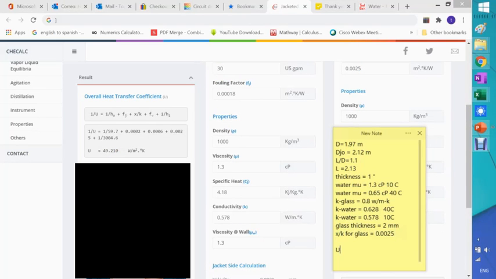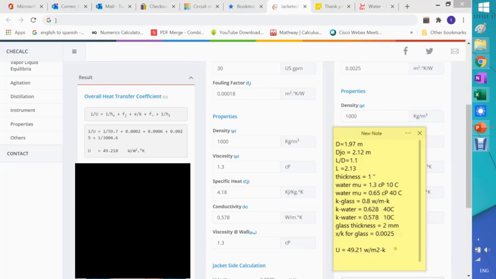So finally, the overall heat transfer coefficient that I got is 49.21 watts per meter square Kelvin. And that's it.